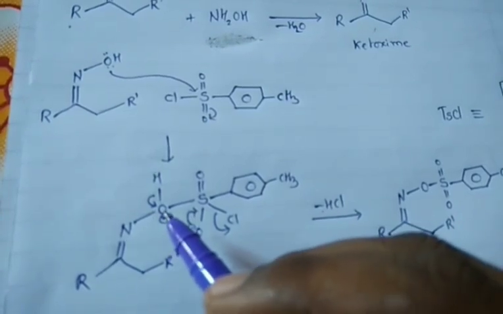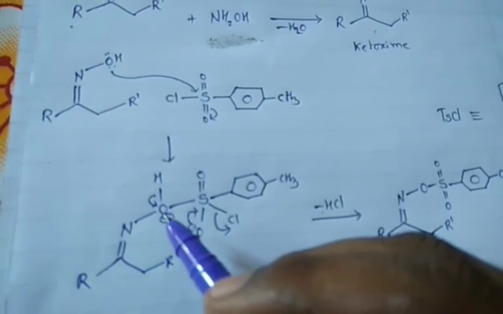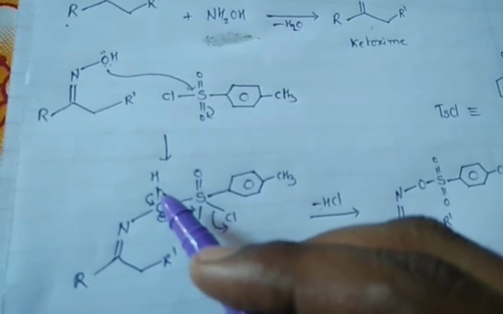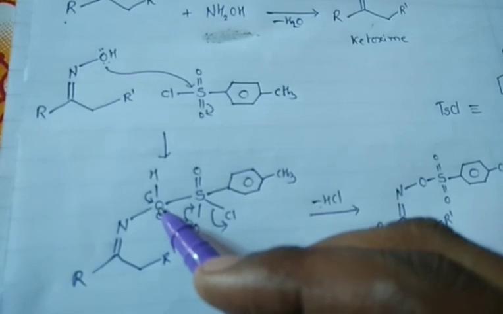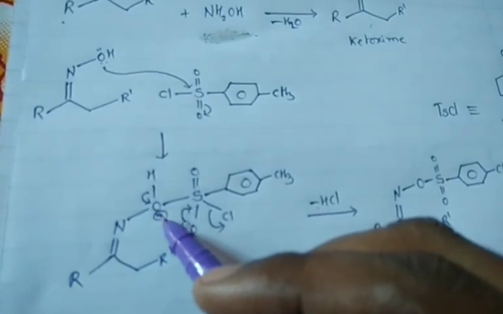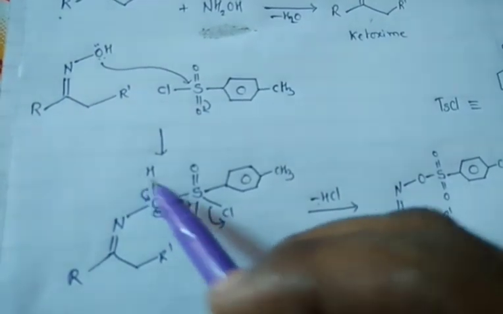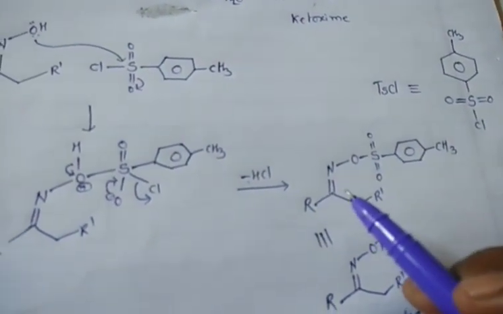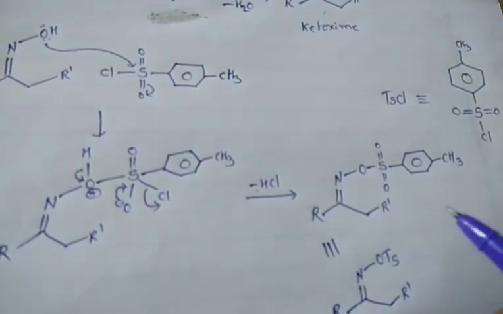At the same time this positive oxygen will be stabilized by the bonded pair of electrons, which will shift to oxygen. Now this H and Cl will be liberated in the form of HCl. So overall, this is the ketoxime tosylate.